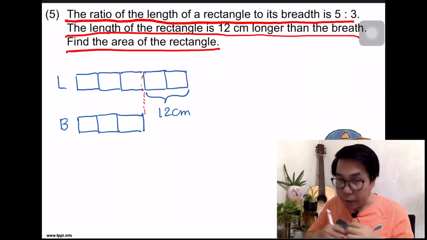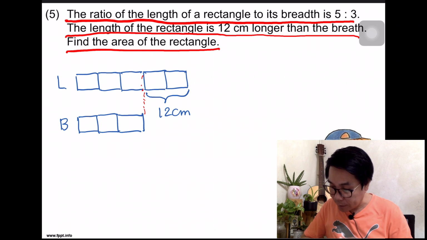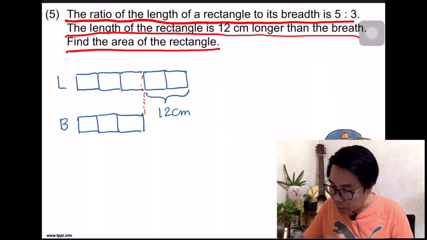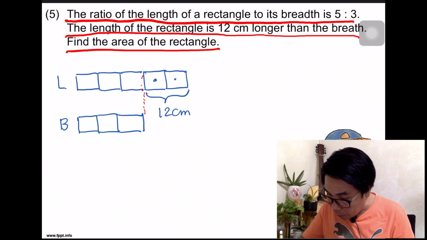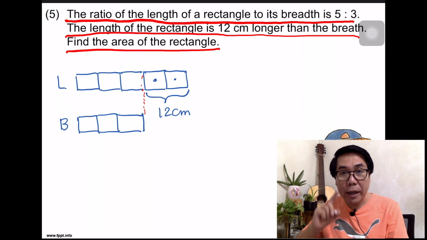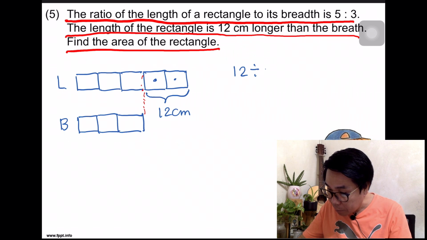So before going to the area, let's find out how long is the length. To find out the length, we first found out that 12 centimeters here is made up of two units. So to get 1 unit, we divide 12 divided by 2 is equal to 6.